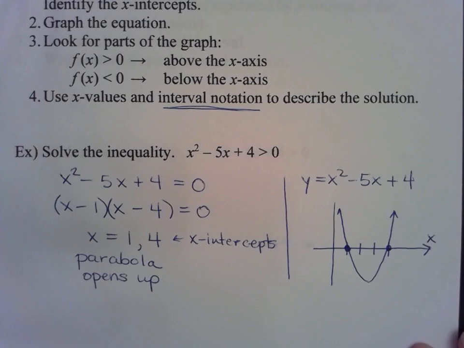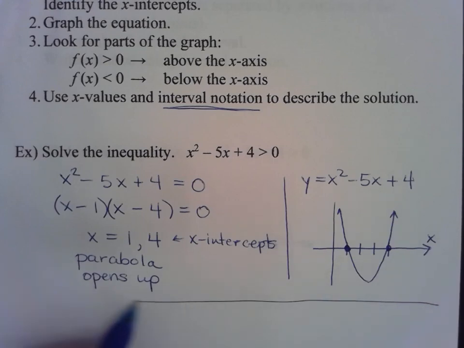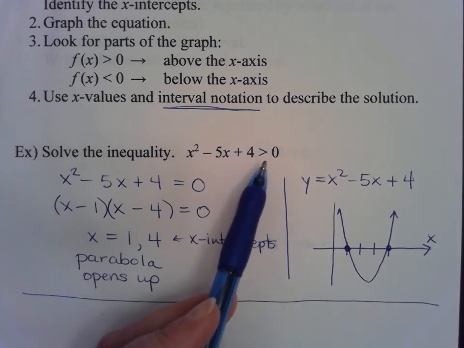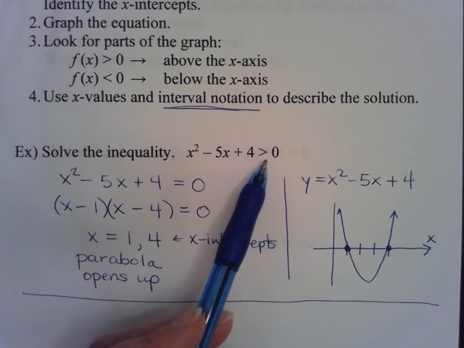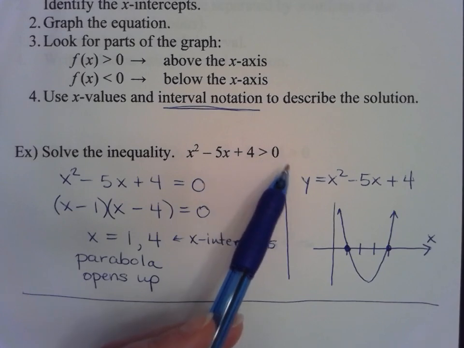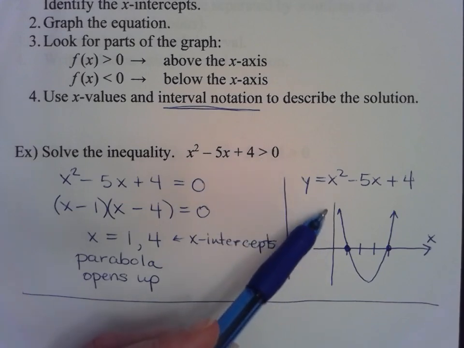Okay, so now that we've graphed it, are we looking for parts of the graph that are above or below the x-axis? We're greater than 0. So we want to look above, right? Greater than 0 means we were looking for y values that are positive, and those are going to happen above the x-axis.